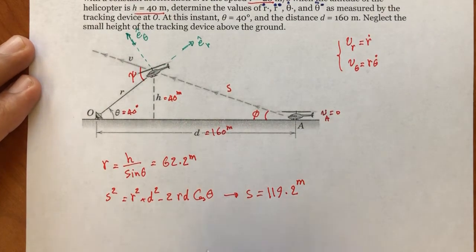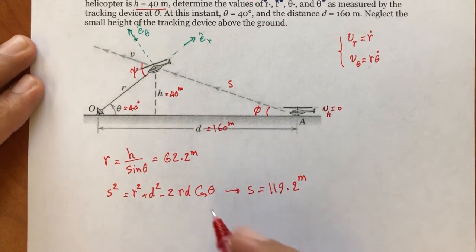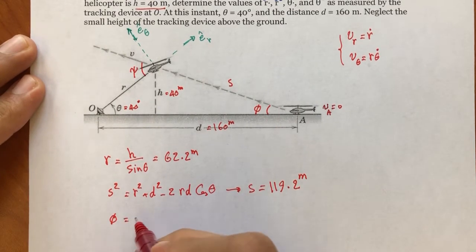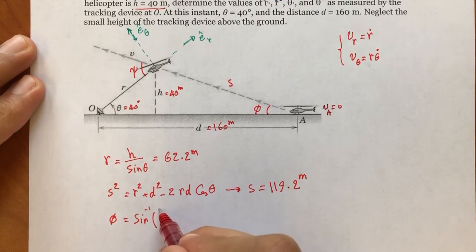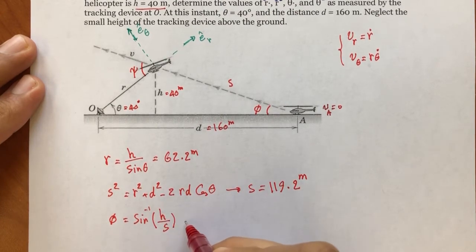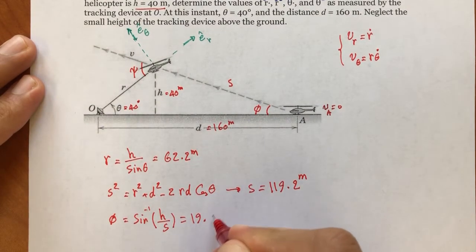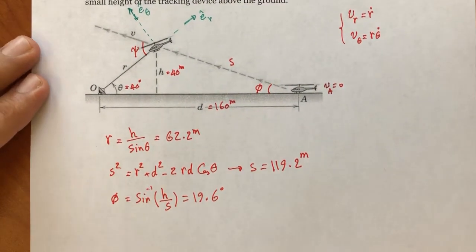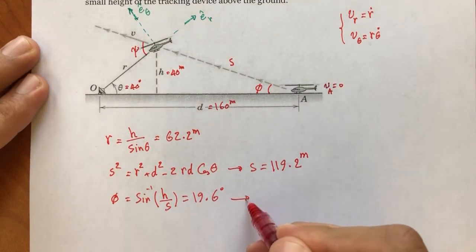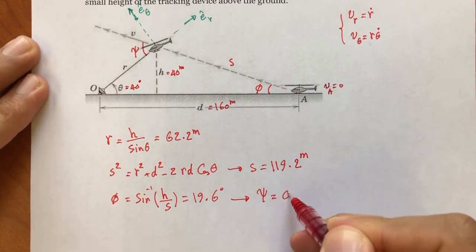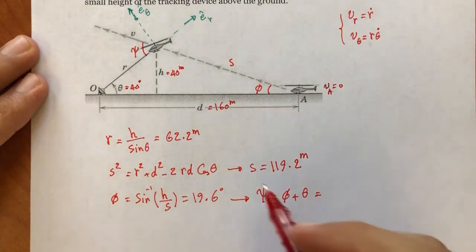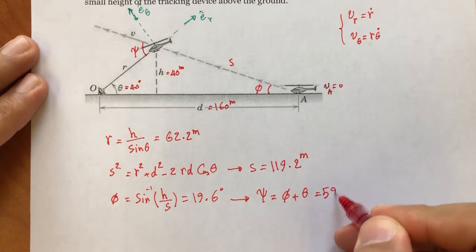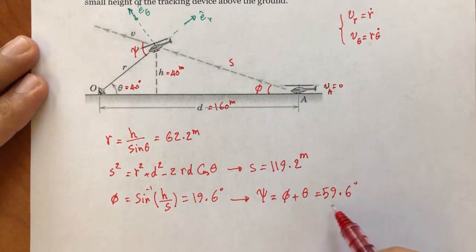And from there now I can find phi. Phi is going to be equal to sine inverse of h divided by s, which is going to be equal to 19.6 degree. So after finding phi, now I know psi is going to be equal to phi plus theta, so it's going to be 59.6 degree.